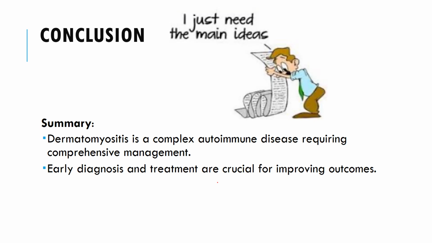Then four, when this condition is detected early, you have to treat aggressively with immune modulators, including corticosteroids and drugs like azathioprine, methotrexate, cyclosporin for long-term treatment. Then these patients are followed up and screened for malignancy.